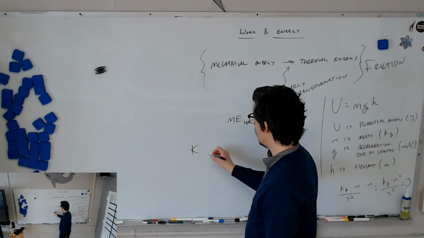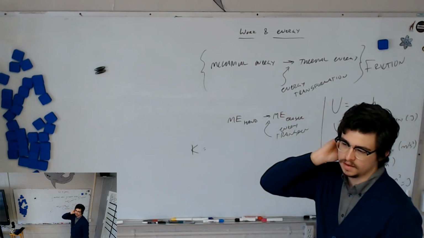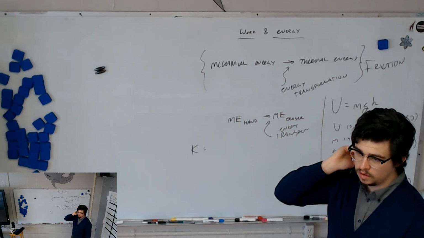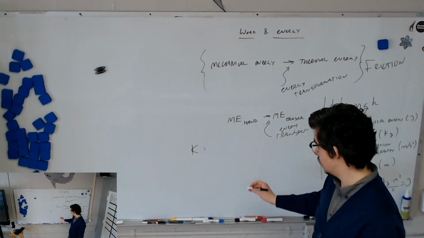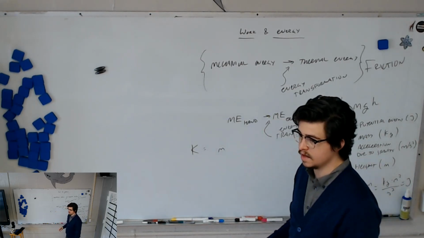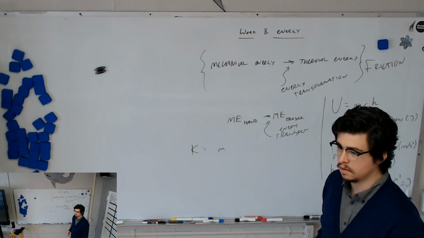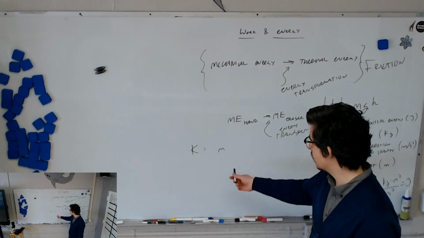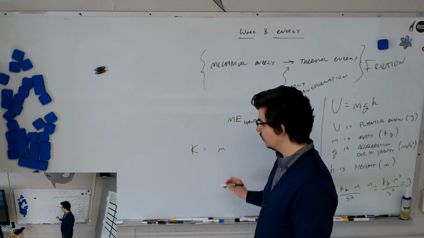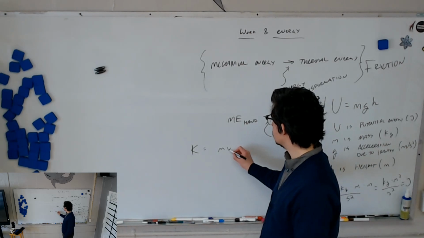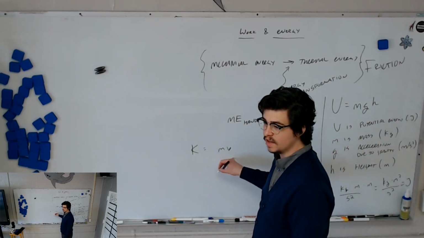Kinetic energy is K. What is kinetic energy dependent on? You said it already. Yeah, so it's mass. If it were larger, it'd have a higher kinetic energy. What else does kinetic energy depend on? Velocity. And remember, it doesn't just depend on these things, because mv is momentum.